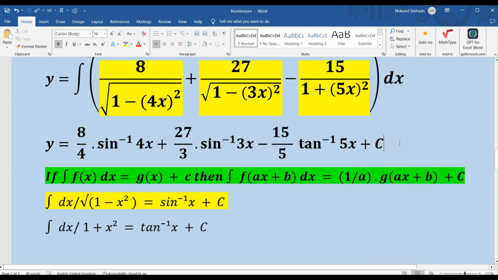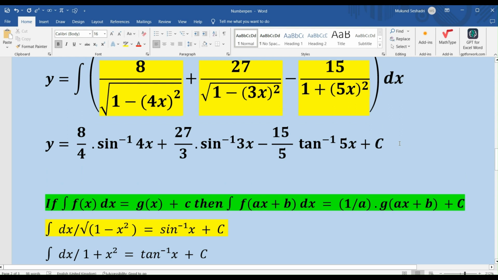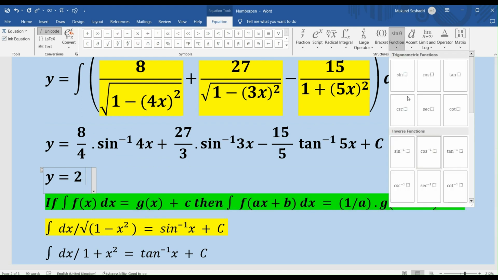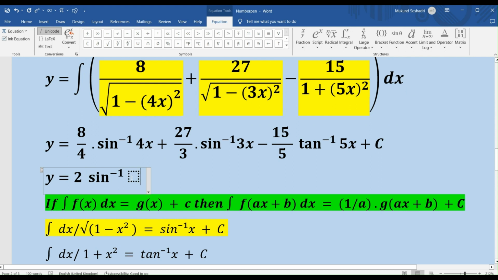So I'm going to move to the next step because I know that I've got a little bit of simplification that can be done. So I have y equals 2 times sine inverse of 4x. Why is that? Because my 8 divided by 4 is nothing but 2. And I have 27 by 3, which is nothing but 9 times sine inverse of 3x.